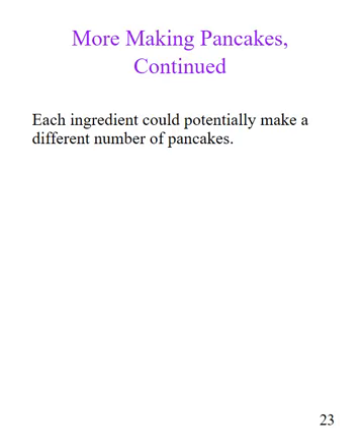So we know that each ingredient could potentially make a different number of pancakes. Okay, so what we're going to start with is our first ingredient. We have 3 cups of flour. We want to know how many pancakes this makes. So what should I do? I should do a unit conversion, right?